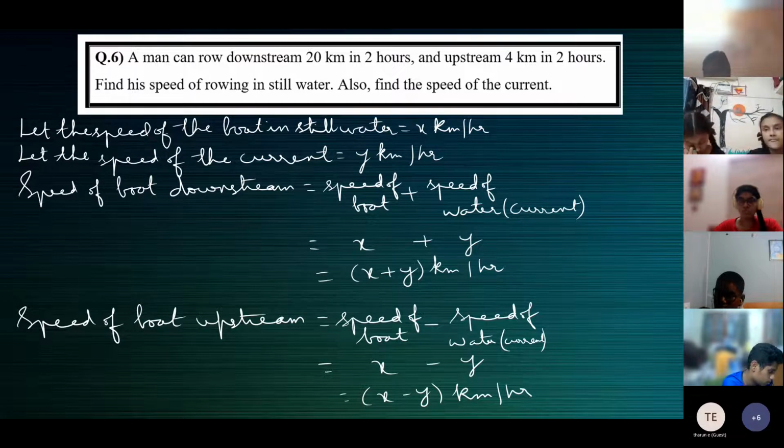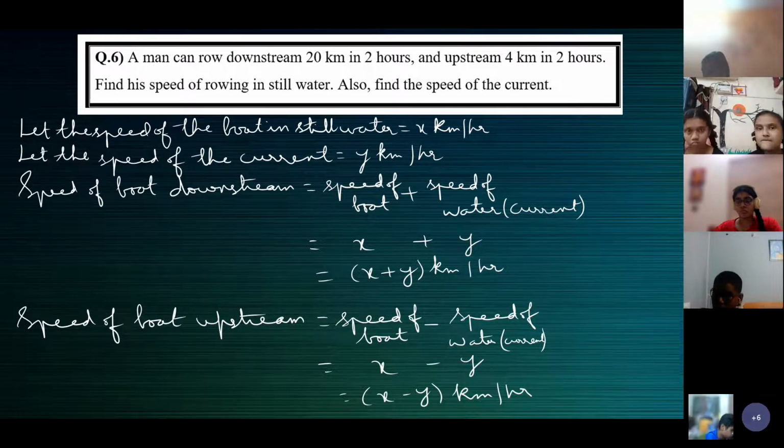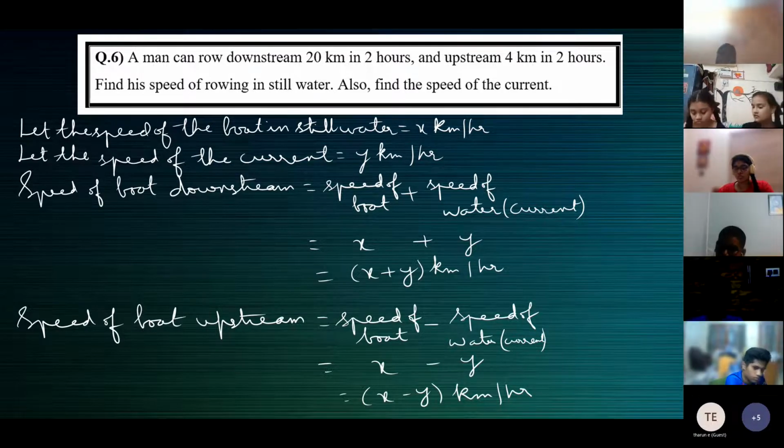So children, there are some new phrases in this question. Let's understand them. Supposing it's very windy and you're running.